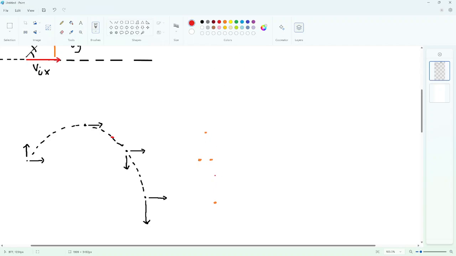I'll draw this one in red. So as you can see, regardless of the x component, they will follow the same vertical path.